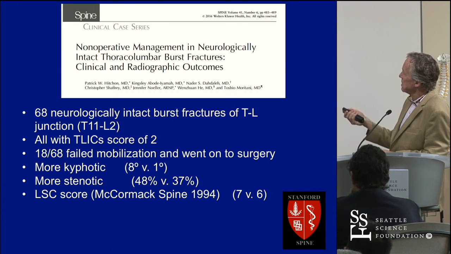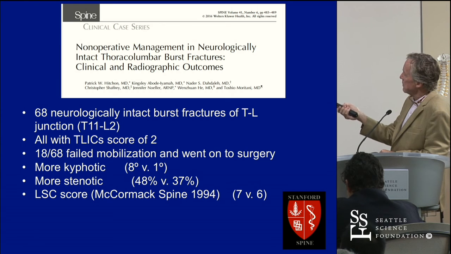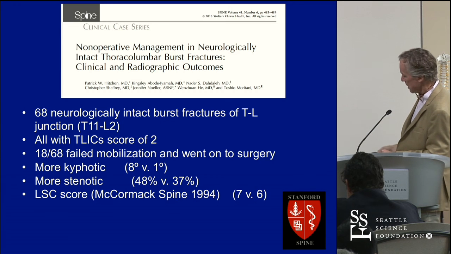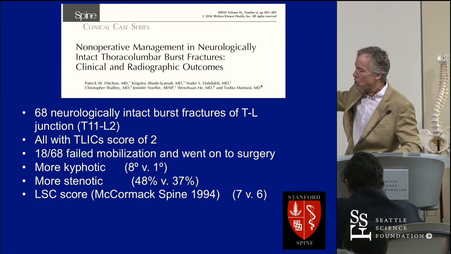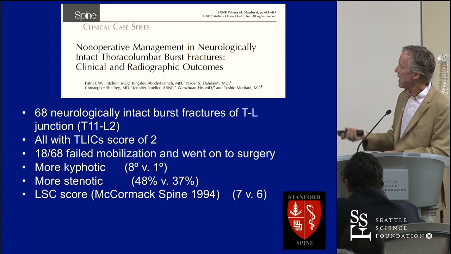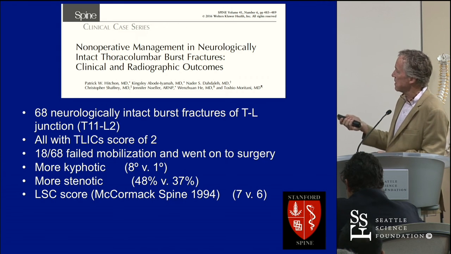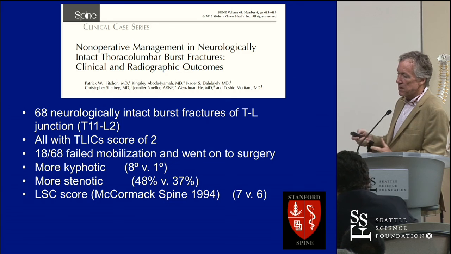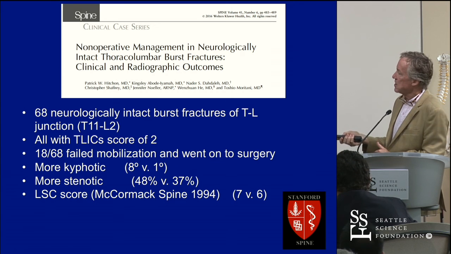In a recent publication that came out of the group in Virginia, they looked at, again, the same 70 individuals with intact burst fractures of the same region, but they were more kyphotic, more stenotic, and they had higher McCormick and Gaines fractures, meaning there was a lot more comminution in the front. Twenty percent of them failed mobilization. They were too painful when they got up, and they went on to surgery. Now, there's a bit of subjectivity involved there, as we will see.